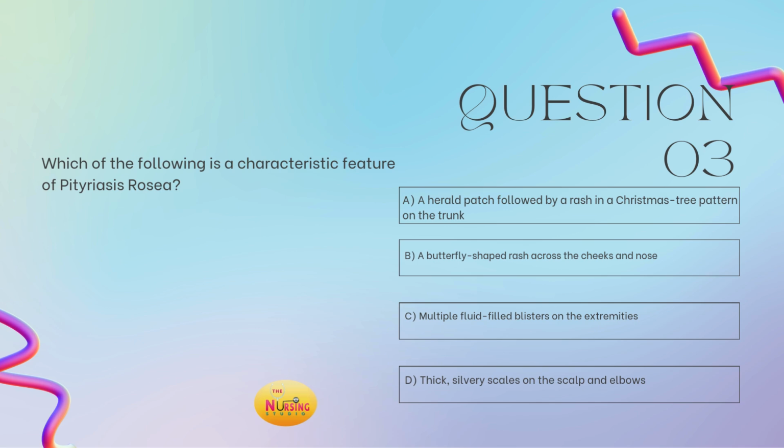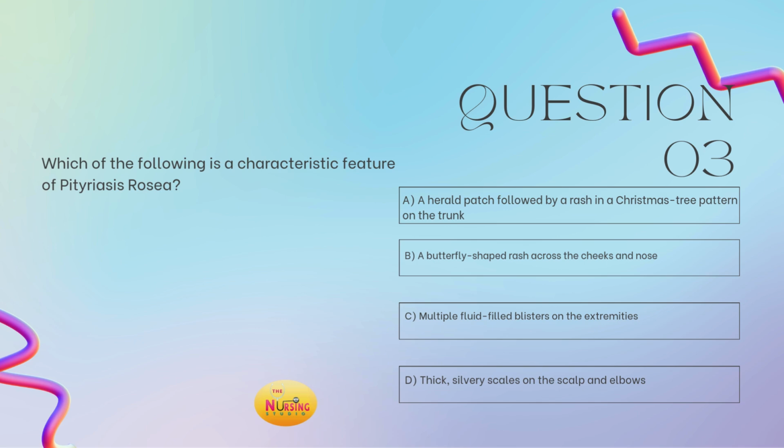So if they give you a scenario saying a Christmas tree pattern rash is noted on the trunk, or if they show you an image of a derm disorder and they show you a patient's trunk, this should start to put you in the mind of differential diagnoses that are found on the trunk more commonly, right? Herald patch, Christmas tree pattern rash, those are key identifiers for pityriasis rosea.